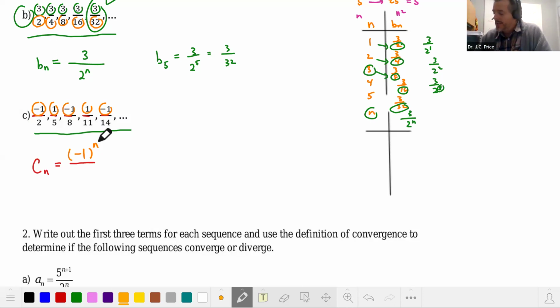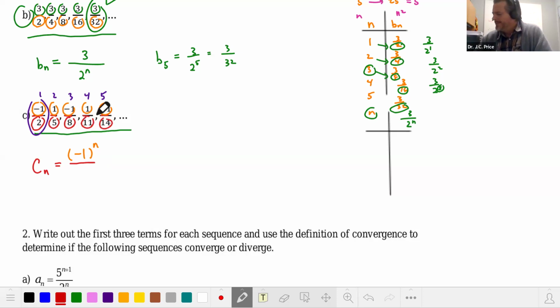So notice that first term is negative. If you plug a 1 in here, you get -1. If you plug a 2, then it's positive. The 3 is going to be negative again. So that's going to make it alternate. And then the tougher part might be what's down here in the denominator. So 2, 5, 8, 11, and 14.